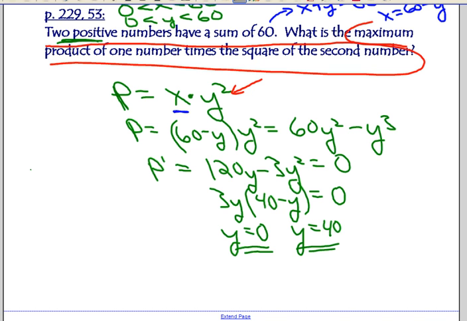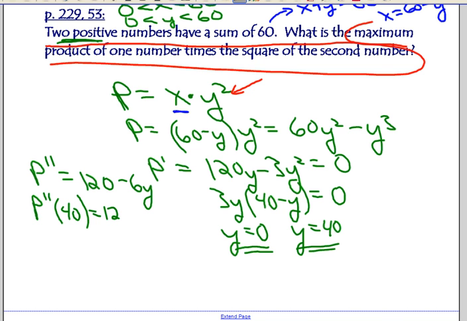Let's do the second derivative test to see what 40 is in terms of a critical point. Is that a max or a min? I'll take my second derivative, 120 minus 6y. When I sub in the 40, my second derivative at 40 is 120 minus 6 times 40. 6 times 40 is 240.